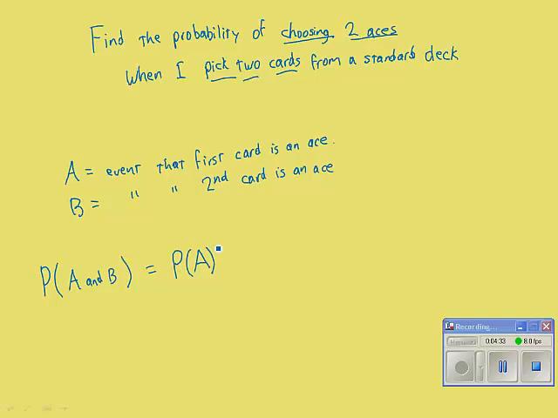So if you have an and, that tells you multiplication rule. Times what? Probability of B given A, and I have to say what that is. Right? Now, this probability, what's the probability of picking an ace? Well, isn't it something out of 52? 4, because there's 4 aces, right? So 4 out of 52. Now, here's the tricky part. What's the probability of B given A?